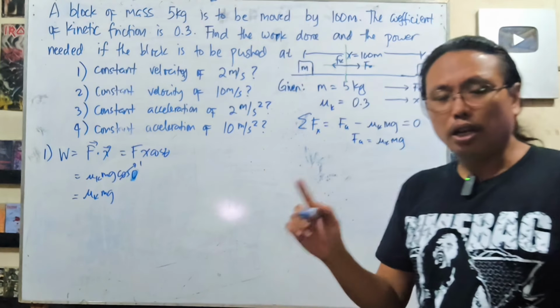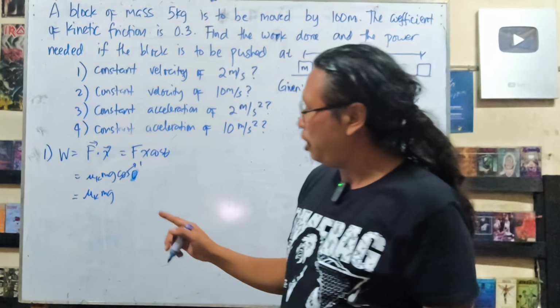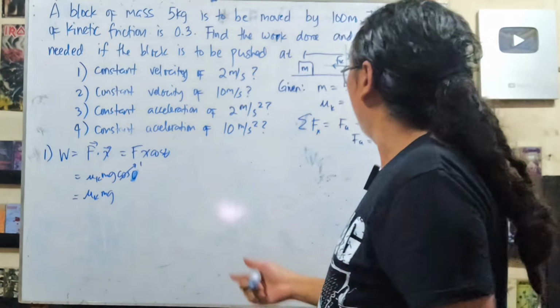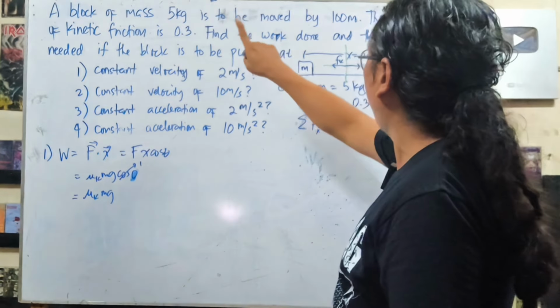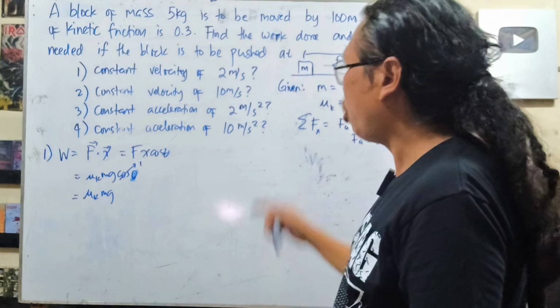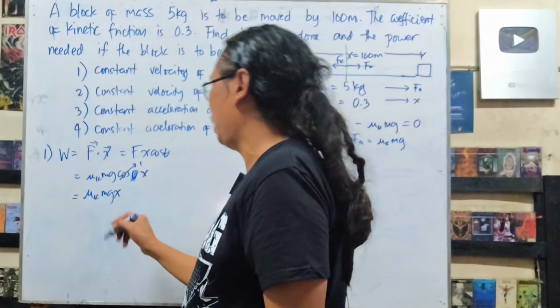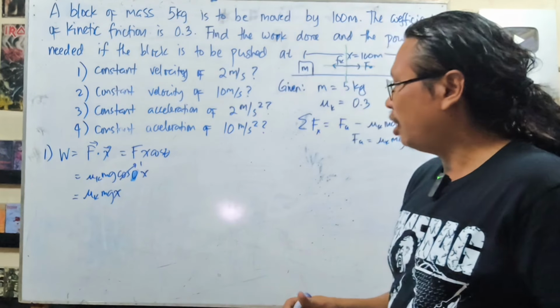I don't have a calculator here. Maybe in order for you to participate in this example, just solve this one. Just plug in the mass m, g as 9.8, and mu k. I think it's easy to calculate. 5 times 9.8, that would be 49. Sorry, there's an x right here: mgx.